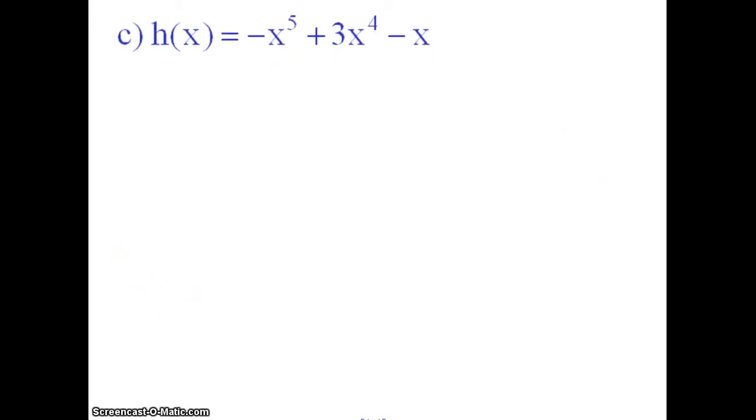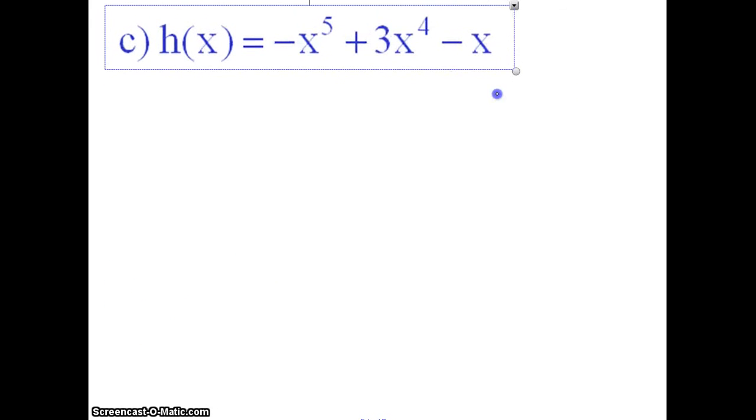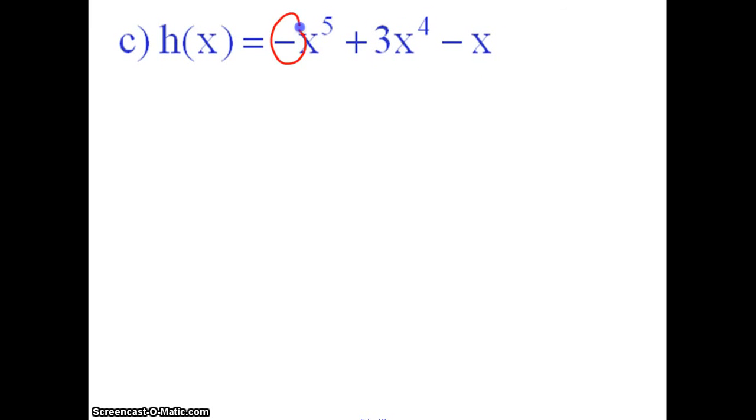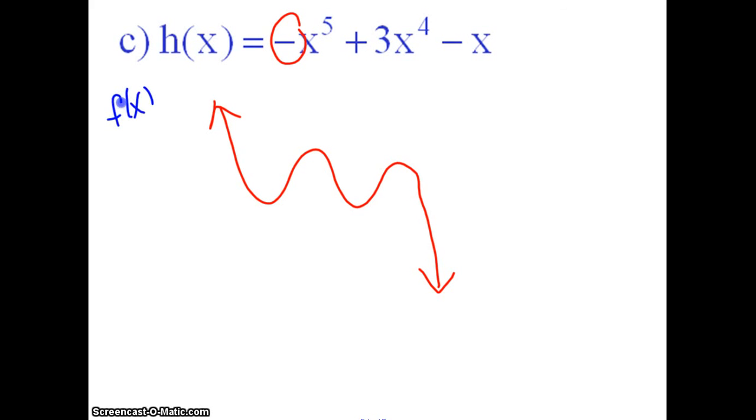Okay, what about this one? Same idea except it's negative. It's flipped, like that. f of x approaches positive infinity as x approaches negative infinity.